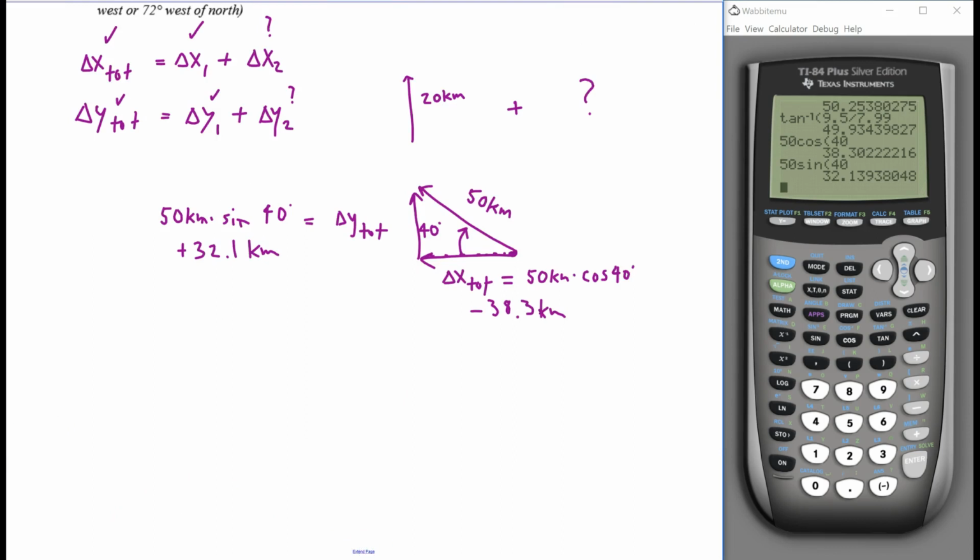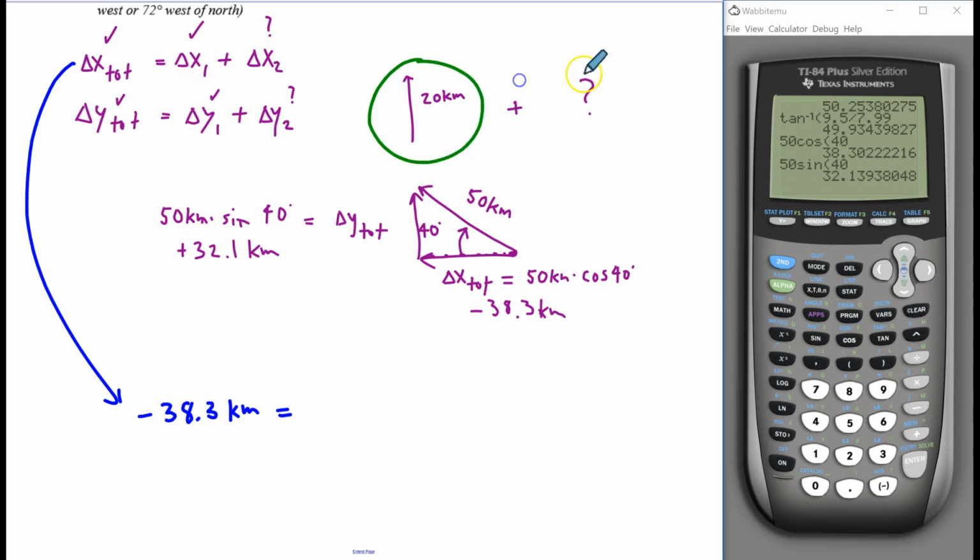So let me look at the x-axis first. The total x, I'm going to take this equation, rewrite it. The total x is negative 38.3, I just found. And we got to that total by adding the x component here and the x component here. But the 20 kilometers has no x component because it's all on the y-axis. So this equals the x component of the second vector, that angled vector, whatever it looks like. We don't know yet. And now we know delta x2.